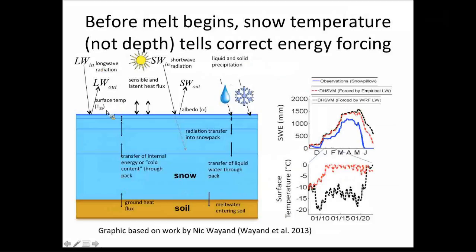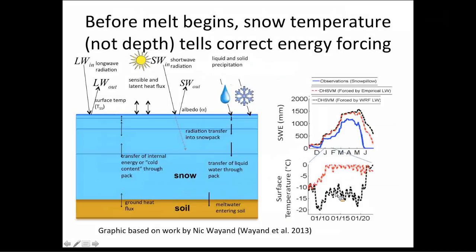So here basically the components are long wave radiation in, long wave radiation out, short wave radiation in, which is reflected by the high albedo of snow, and sensible and latent heat. All of these at the surface control the snow surface temperature right here, which I've shown as TSS.